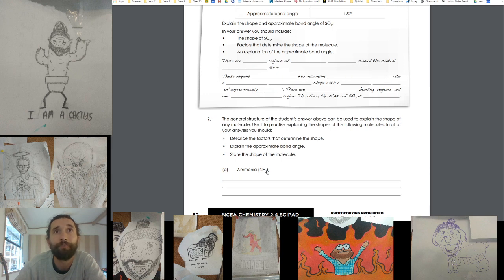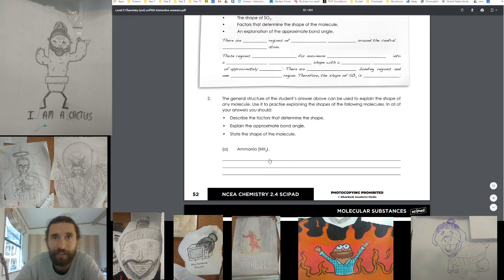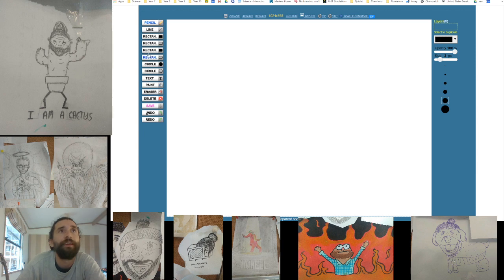So ammonia, NH3, we are basically going to do the exact same thing as here, but down here for ammonia. So I'm going to draw ammonia on this thing here. So ammonia is NH3. Here is the N. Let's count out the valence electrons.